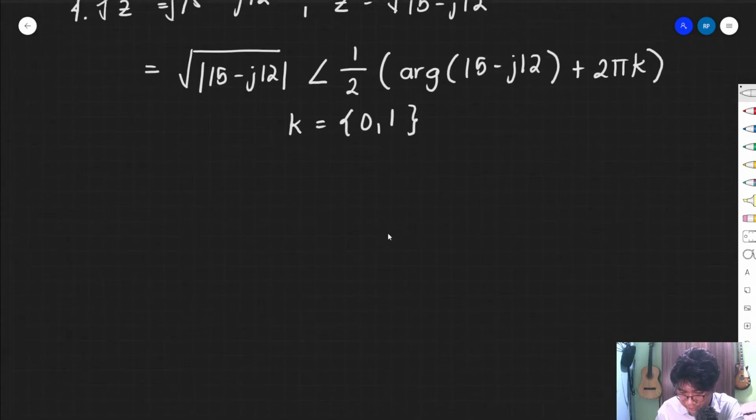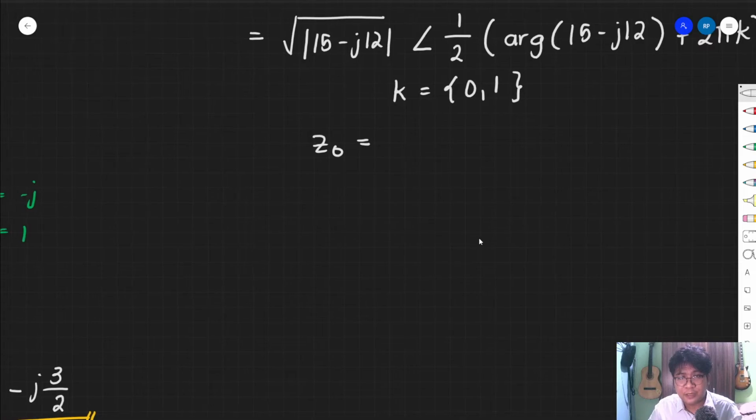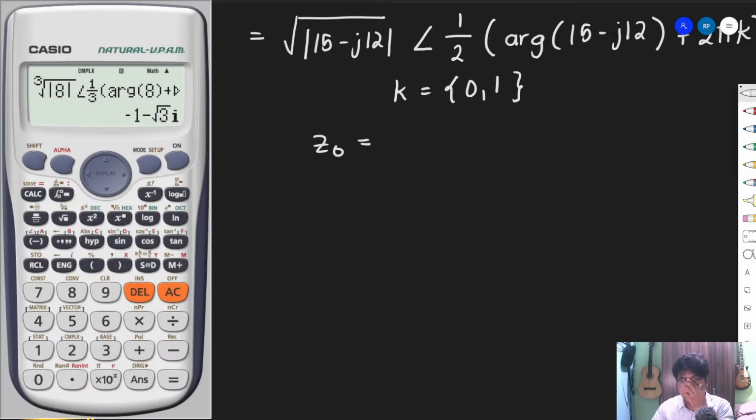So, we have here z sub 0, no? So, z sub 0. Of course, gagamit tayo ng calcu. Usog ko lang, no? Para may space tayo sa calcu natin. Ayan. So, game, plug na natin, no? So, we have here the square root. Shift height para sa absolute. 15 minus 12i.